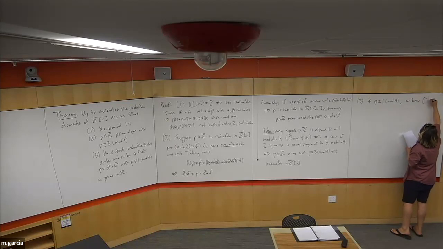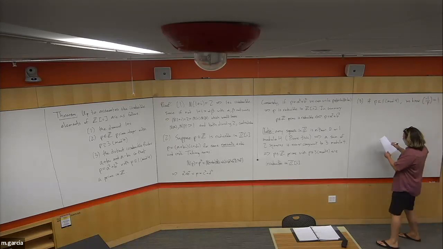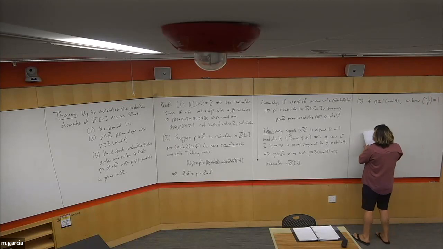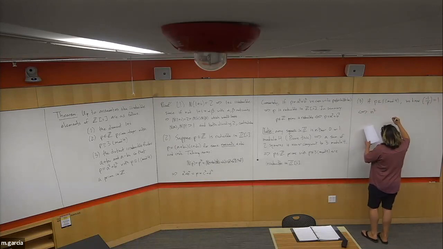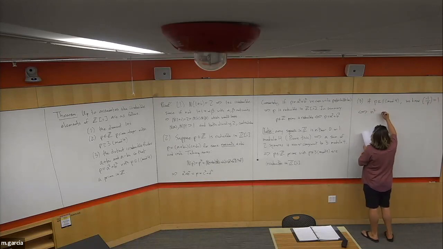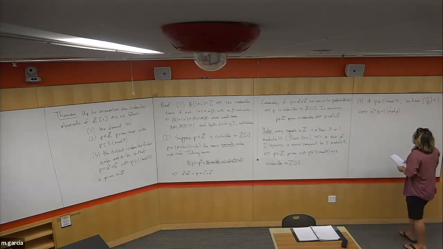We know that negative 1 is a quadratic residue mod P, right? That is to say, there exists some integer n such that n squared is congruent to negative 1 mod P.